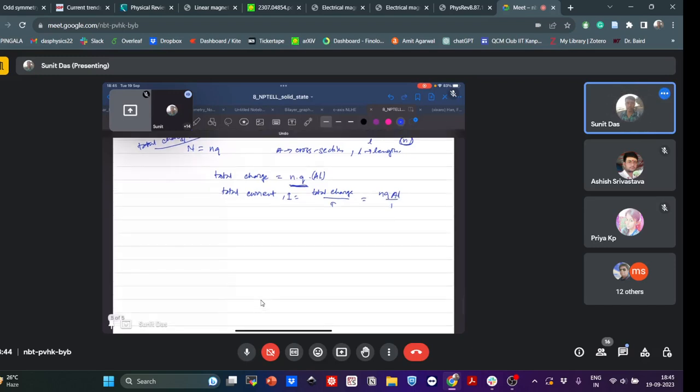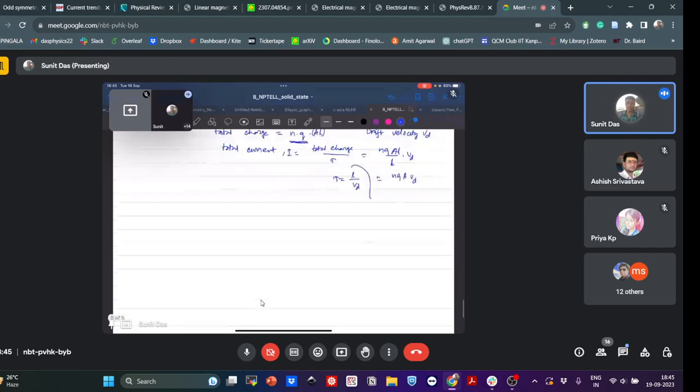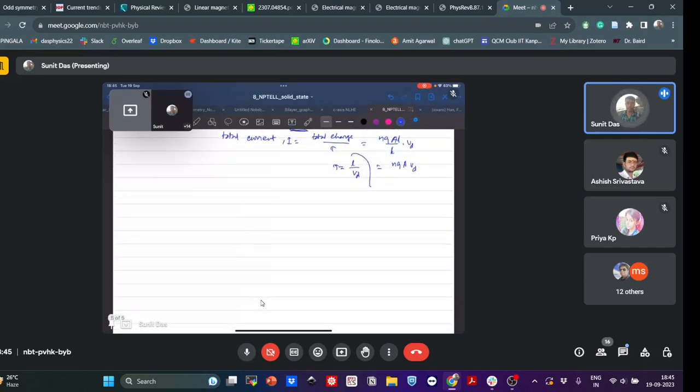Now assume that the drift velocity, the velocity with which electrons are moving, is Vd. If L is the length, then the time for traversing the length L will be L by Vd. This means I is n q A Vd. And we have the fundamental relation for J, the current density, which is current passing per unit area.